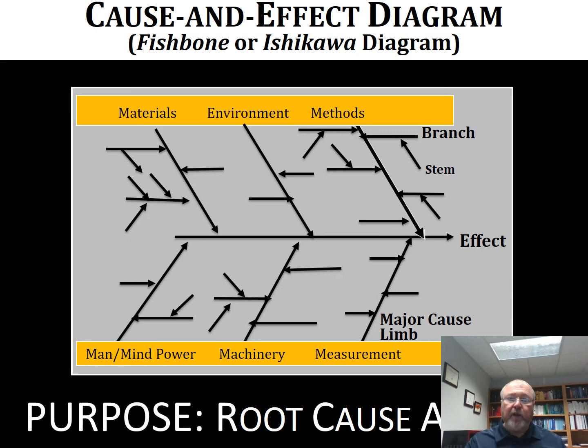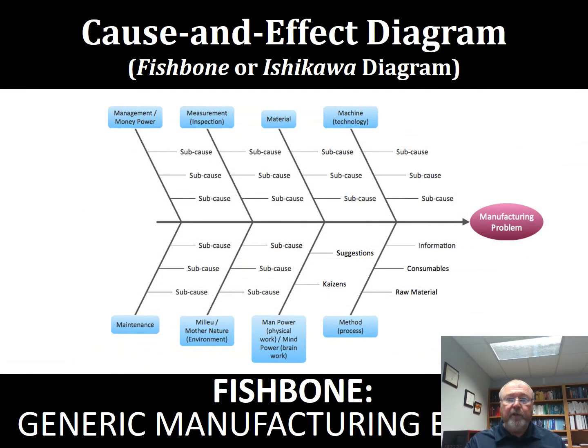Now, over the next few slides, there's just a couple of examples. So for example, on this slide, it says, hey, here's a manufacturing example. And what you see here is 8 suggested categories when you're using a fishbone or cause and effect diagram for manufacturing applications.